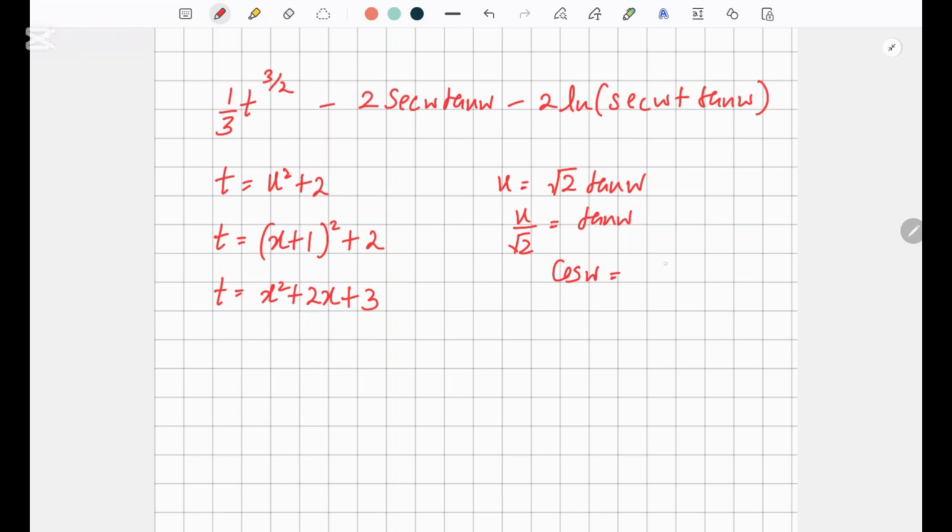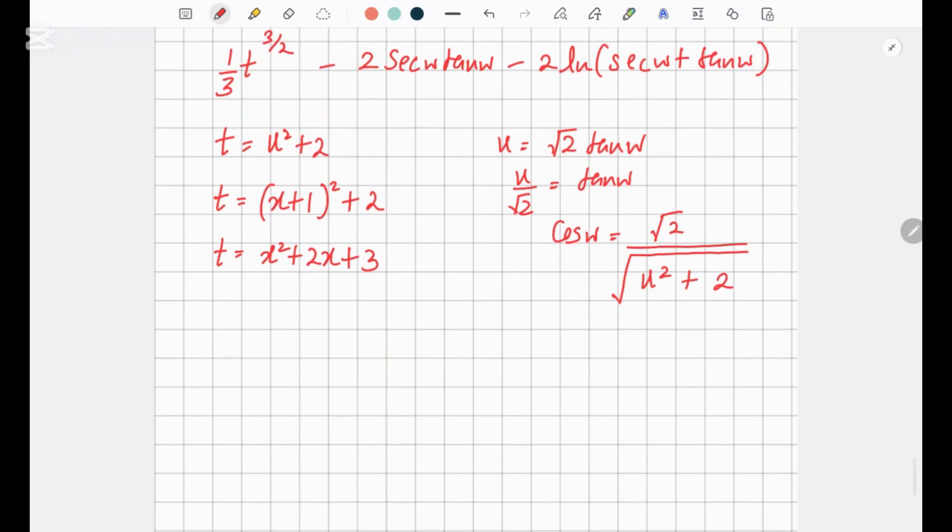So the adjacent is root 2 and the hypotenuse would be square root u squared plus 2, right? So now, if you put that back in, you could write sec w equals the reciprocal of that, right?